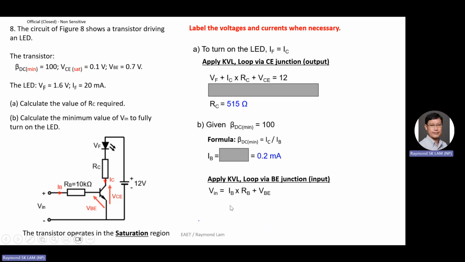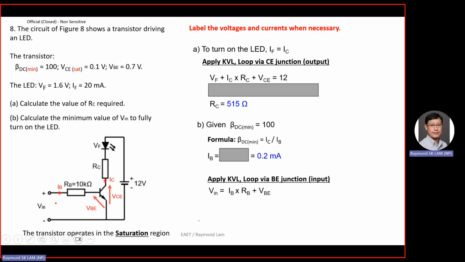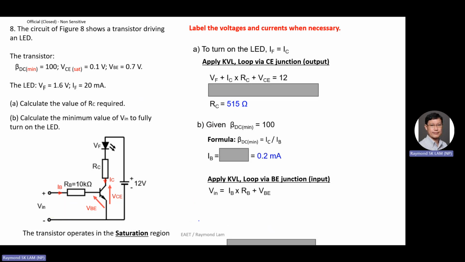Okay, so if you do the KVL via the base-emitter junction, this part here, if you do the loop here, you should be able to get this equation, correct? Then you will have 2.7 volt.